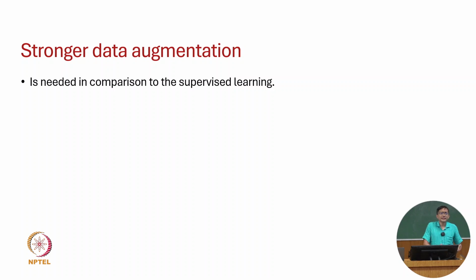In supervised learning, data augmentation is more optional, right? Whereas in SimCLR, this is no longer an option. This is a part of the algorithm itself. So stronger data augmentation is required in this particular case.